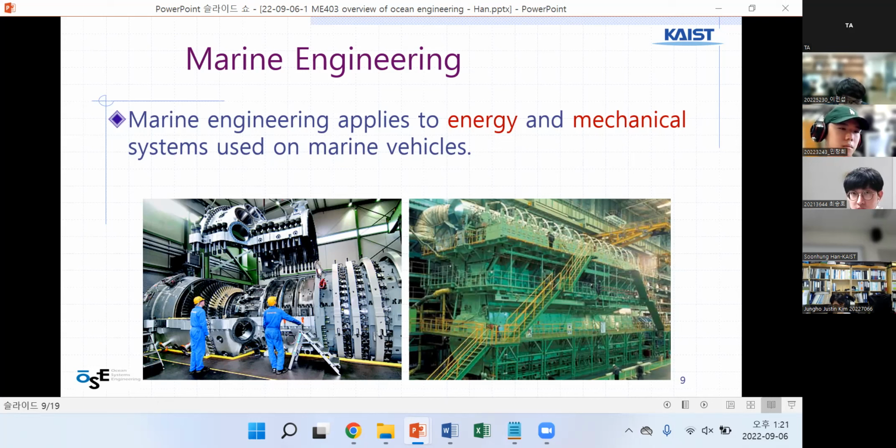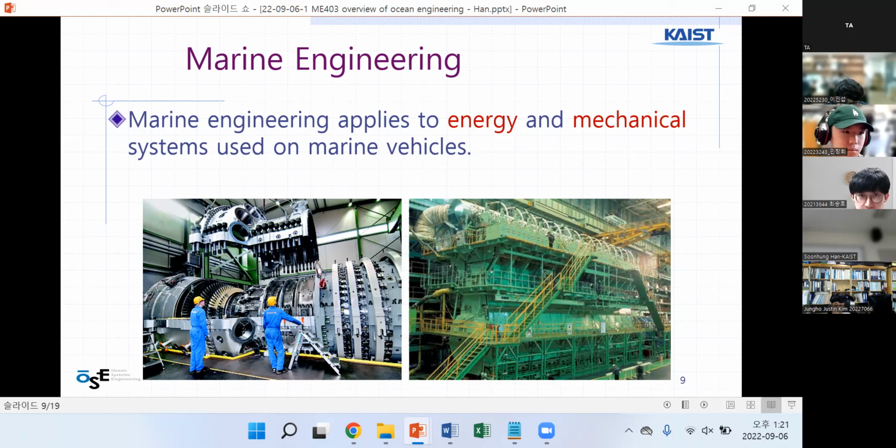And this one is an engine, a diesel engine for a ship. So you can imagine the size because there is a human body there and there. So this big engine is located inside the ship. How many storeys or floors? Looks like 5 to 10 floors in height.